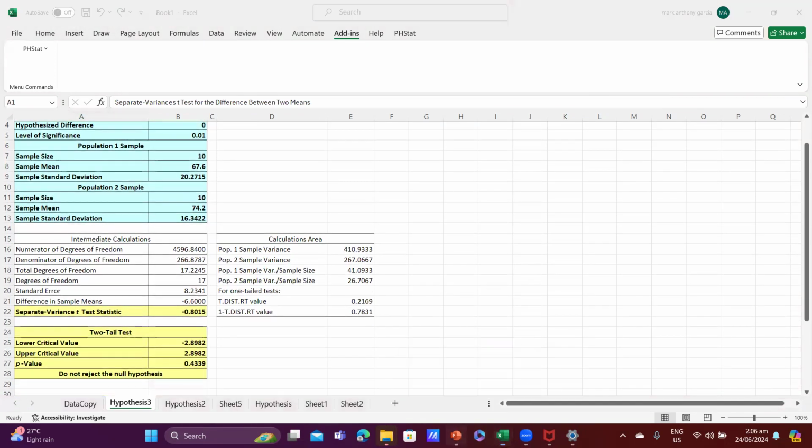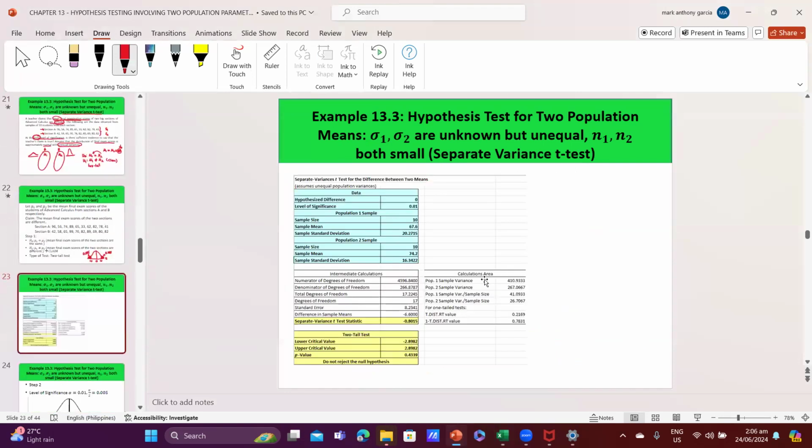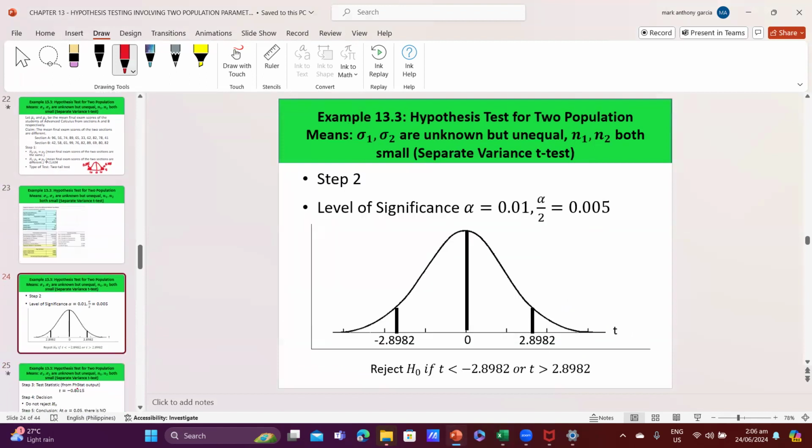So in the PowerPoint presentation, we have this output. As you can see, there are two critical values, one lower and one upper, and that corresponds to negative 2.8982 and positive 2.8982. So that means that our lower critical value and the upper critical value are placed in the following locations.